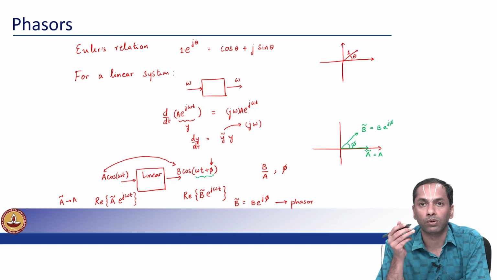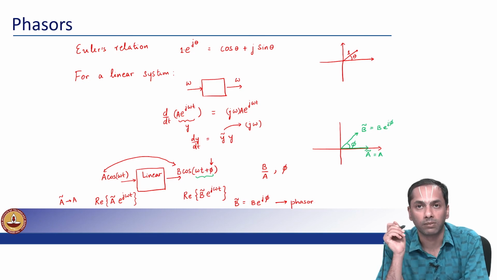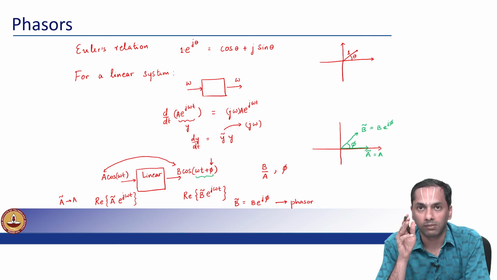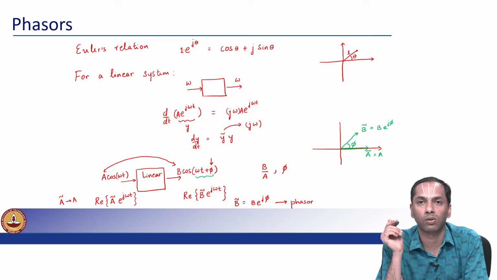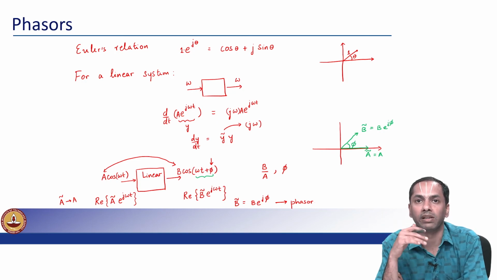But if I were to look at this in the reference frame of a, which is also spinning around in the same direction with a rate omega, the phasor B will look stationary compared to phasor A. So, the phasor notation is highly beneficial where we have functions that are oscillating at the same frequency, but merely have phase differences between them.